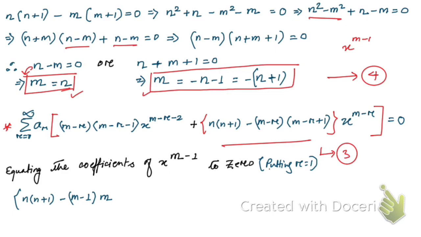If you put r is equal to 1 here, then it's going to be x to the power m minus 1, whose coefficient is this into ar. But here, instead of r, we have put r is equal to 1, so we are getting here a1 instead of ar, right?